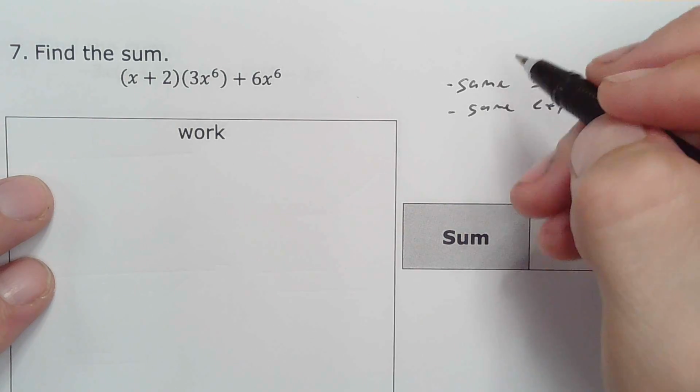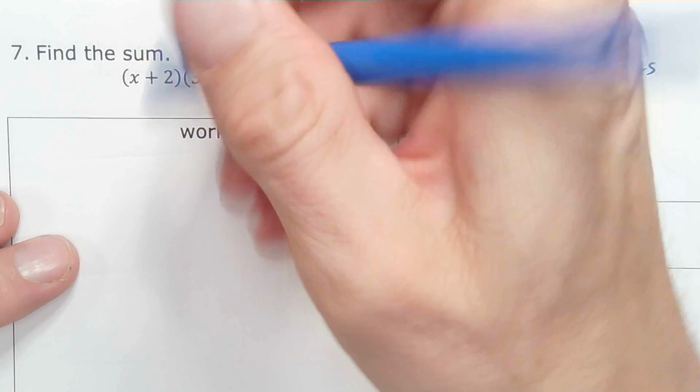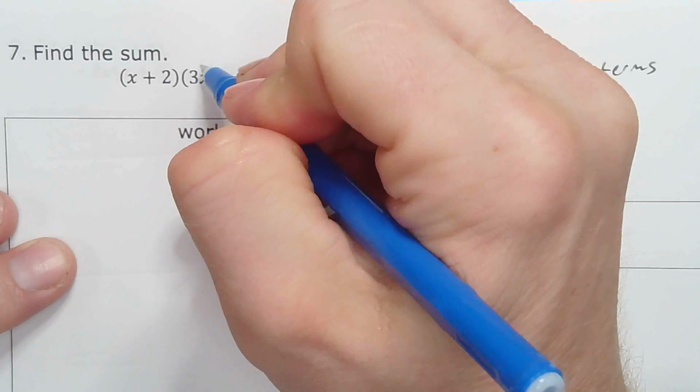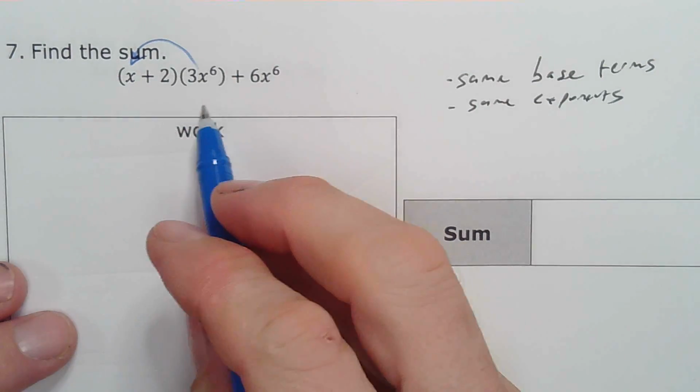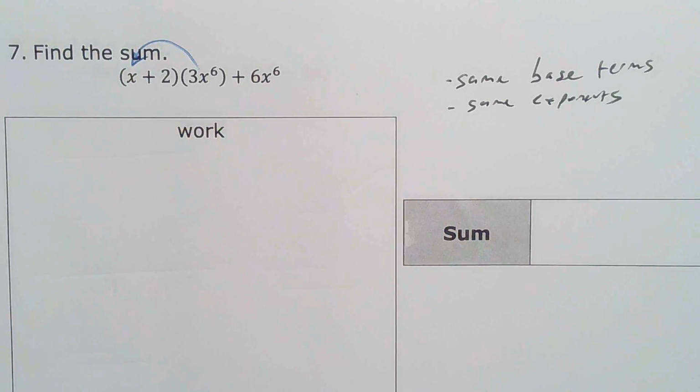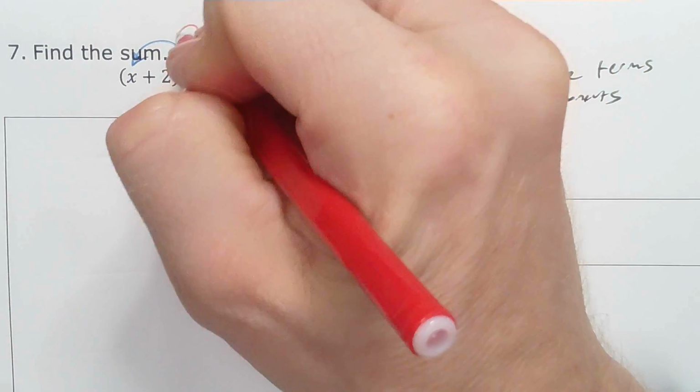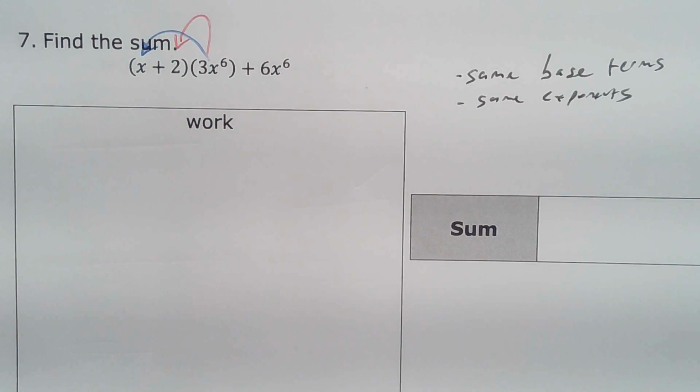Everything has to be the same. So this one here, they're going to ask us to distribute this 3x to the 6th into the 2 and into the x, like that. All right, so let's do that.